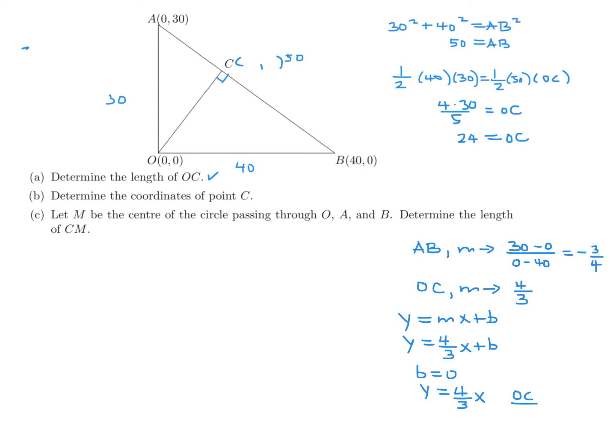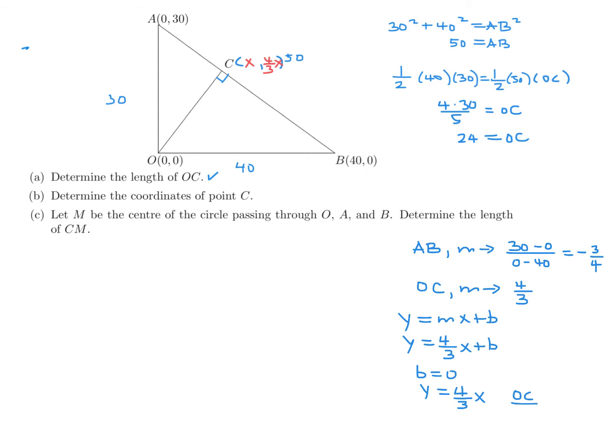Okay, so now we can try to figure out the coordinates. So that means that this point C is (x, y), but y is 4 divided by 3 x.